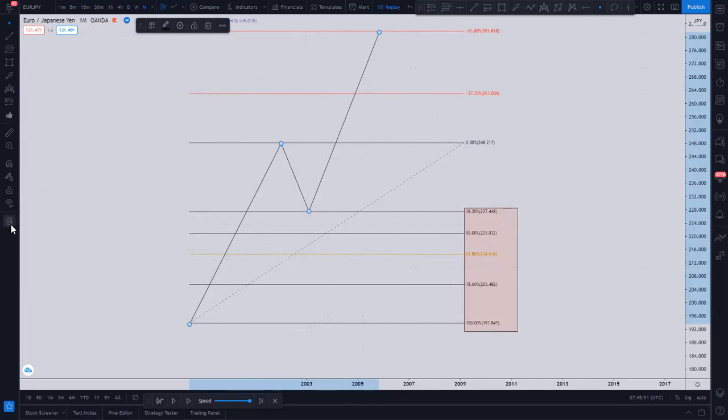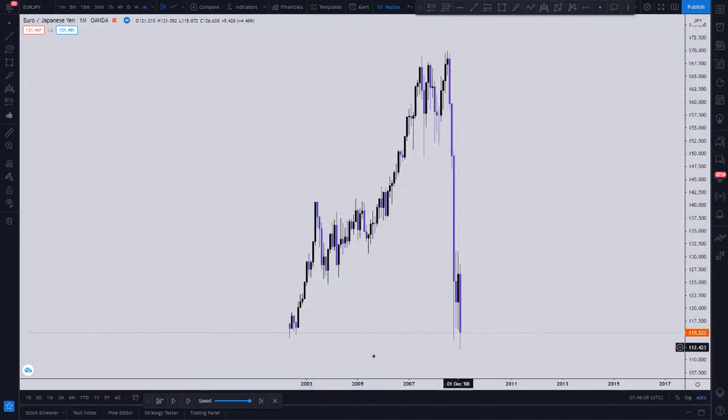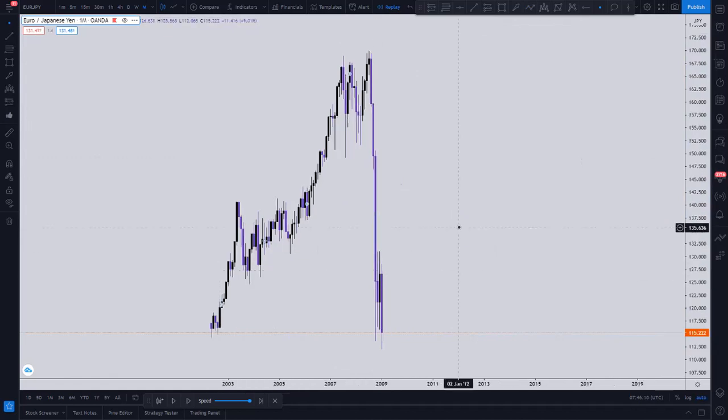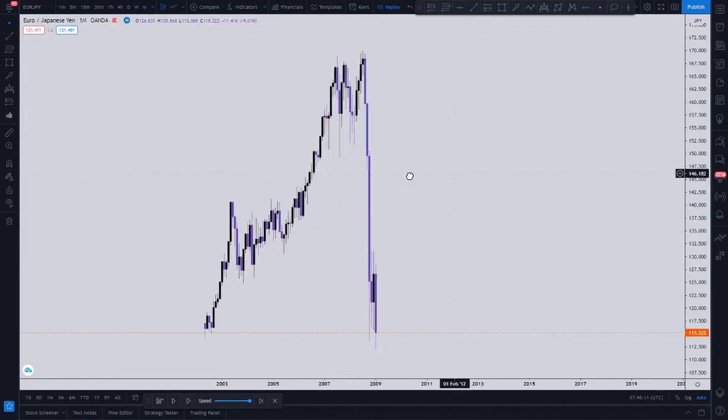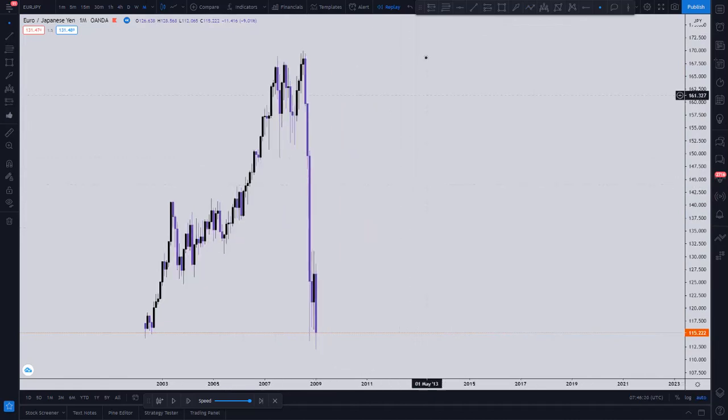So now let's go to our chart and see how we can actually get entries using a Fib retracement. Currently we are on a monthly time frame, so let's go there. As you can see right now, I'm just replaying what the market has done, but explaining to you what the market can actually do.